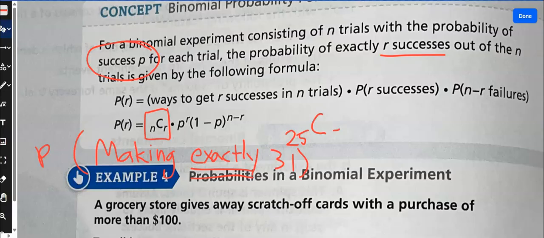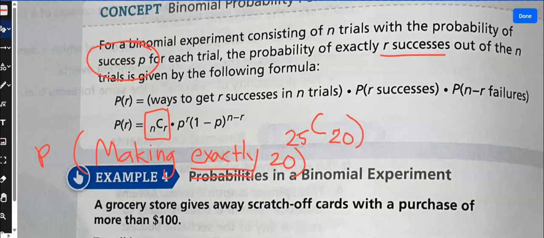How in the world could I do that? Oh, because I typed wrong. Sorry, that sounds dumb. I meant 20. How can I make 31 free throws when I'm only shooting 25 times? That would be a trick, folks. The probability of making exactly 20 free throws.